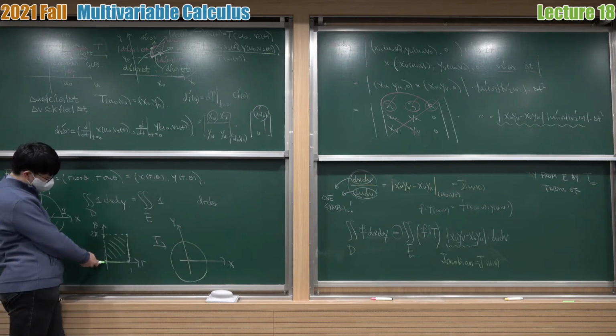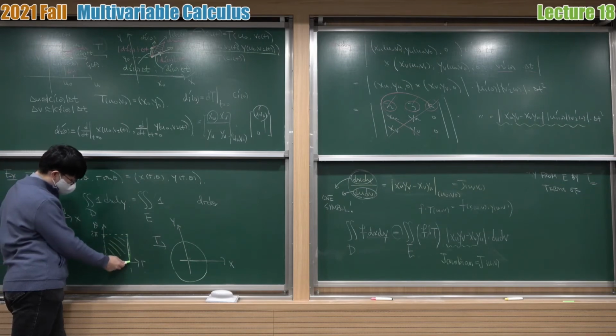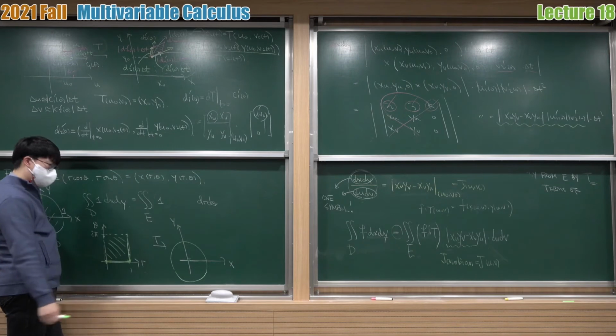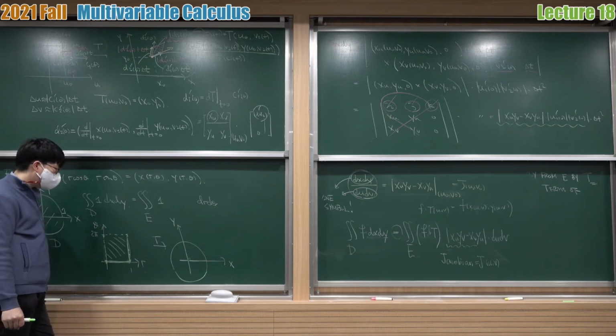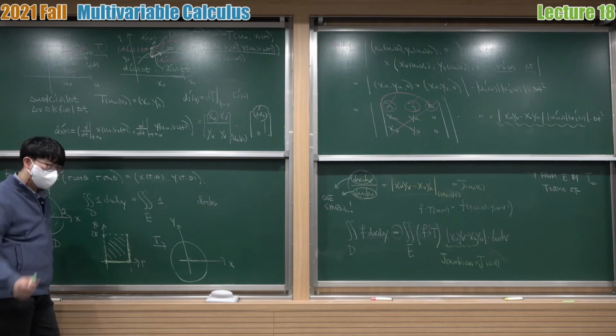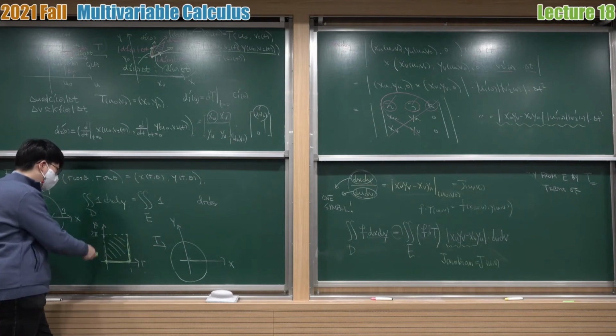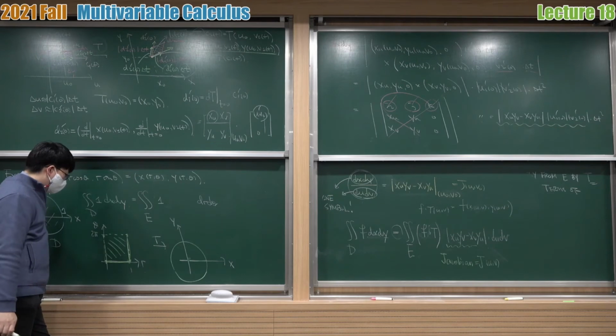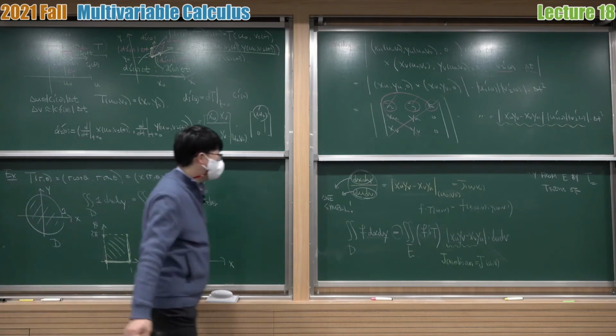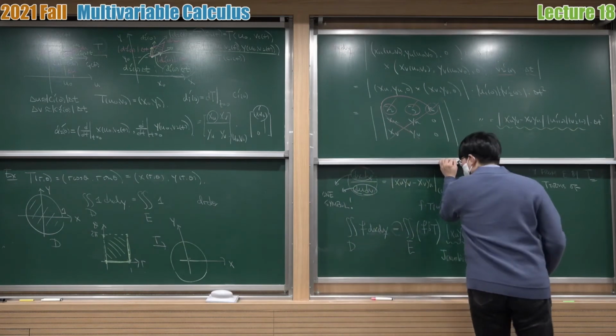So maybe this is the one-to-one map. If you take any point in here, then it will be one-to-one. But later I will say that you don't really have to exclude the boundary. But for now, let's make it into a one-to-one function.